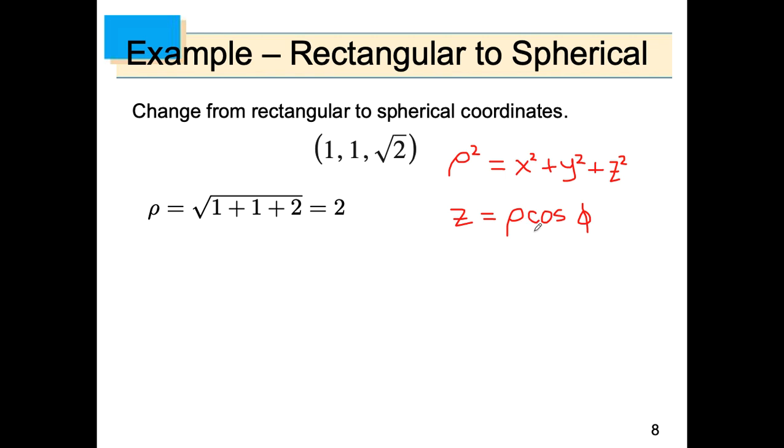This is a good relationship to use at this point because, yes, we have 3 variables here, but 2 of them we already know. We already know that z is rad 2, so that's going to go right here. And we already discovered our rho is 2, so that's going to go here.